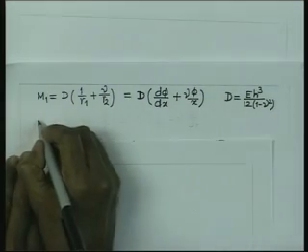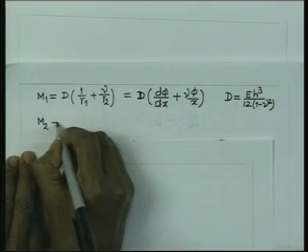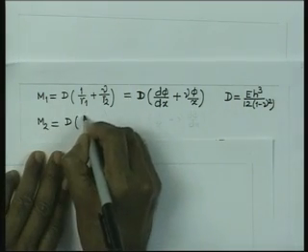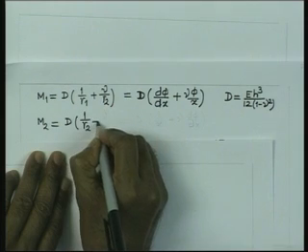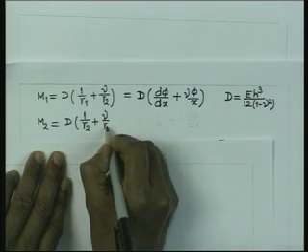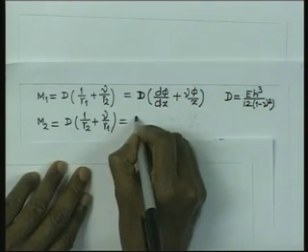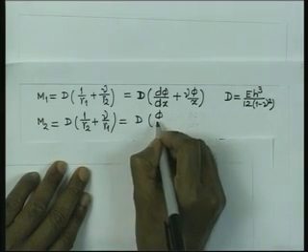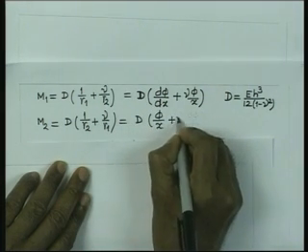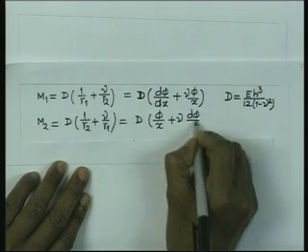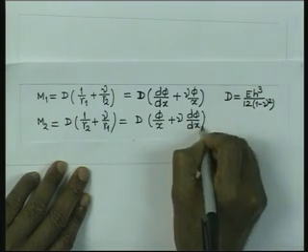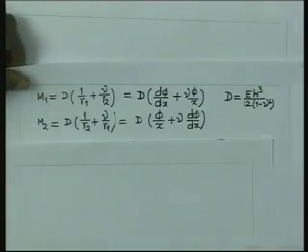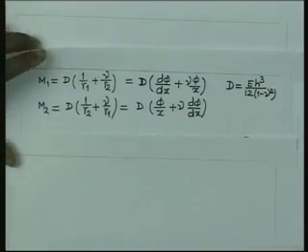Similarly, we can write now m2 is equal to D times 1 by r2 plus nu by r1, this is nothing but D times phi by x plus nu d phi dx. So, we can now substitute these expressions for m1 and m2 in the moment shear force relationship.